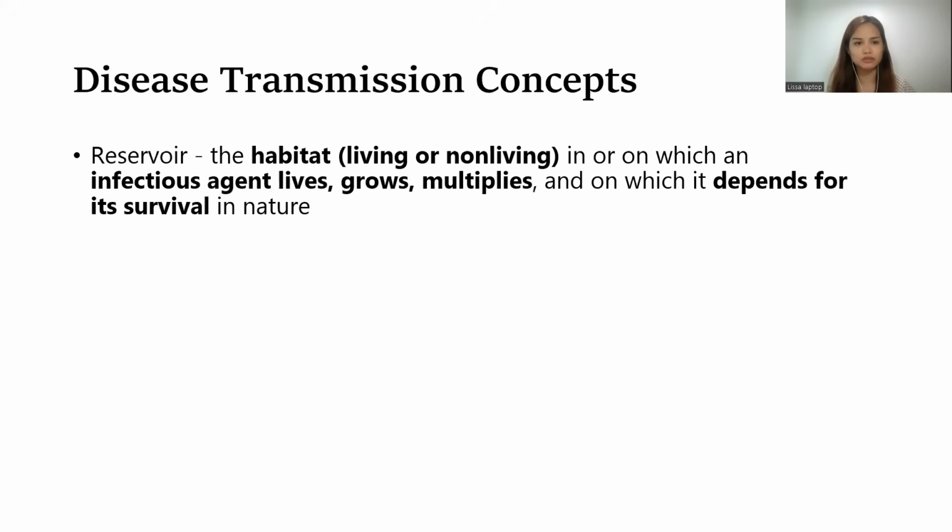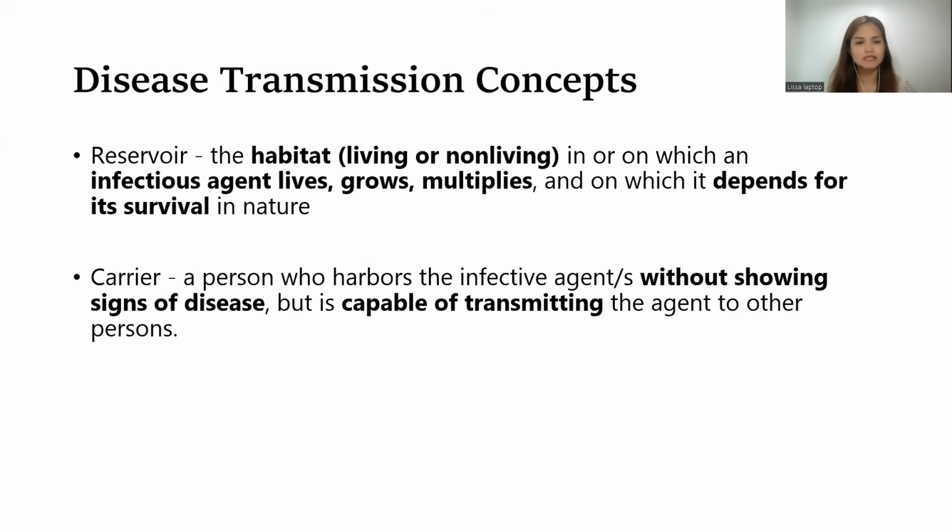Let's review the concept of reservoir. This is the habitat, whether living or non-living, including human reservoirs, in or on which an infectious agent lives, grows, multiplies, and on which it depends for its survival in nature. Next is a carrier.